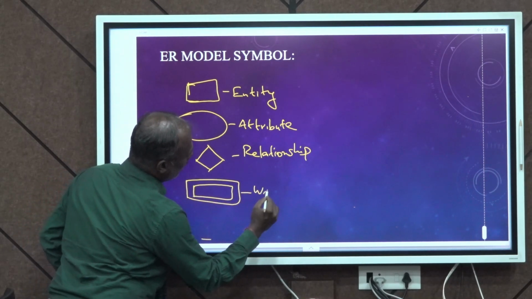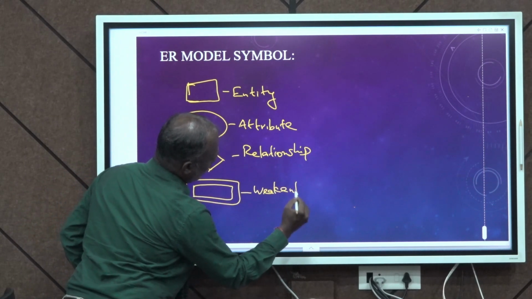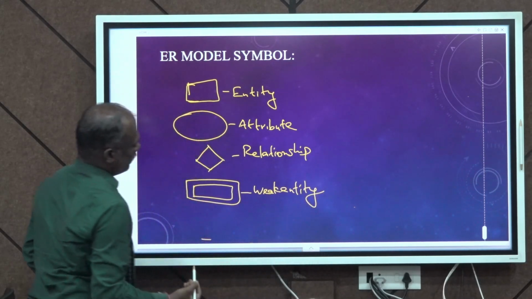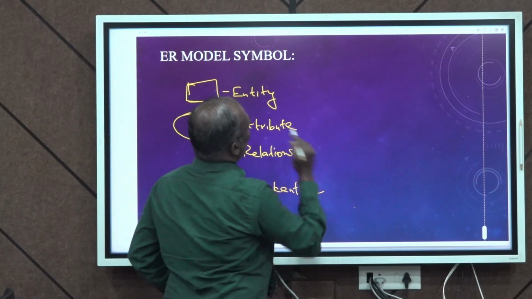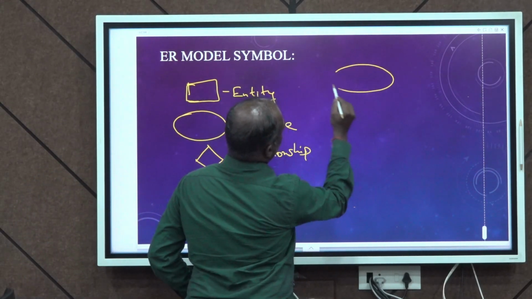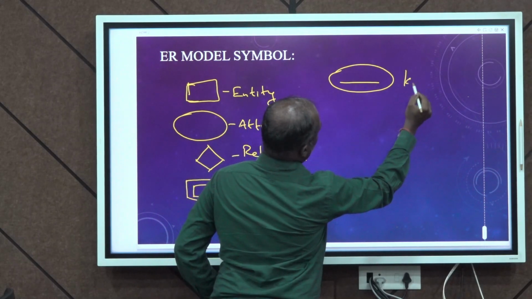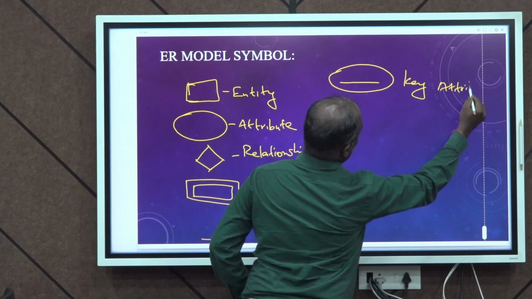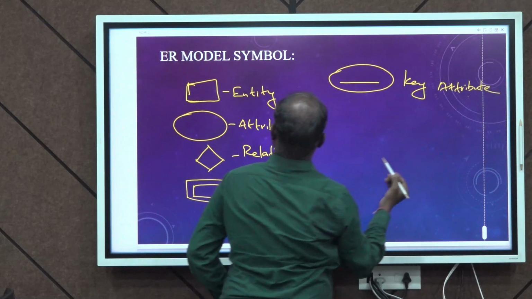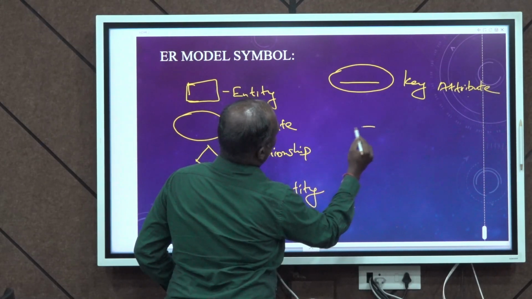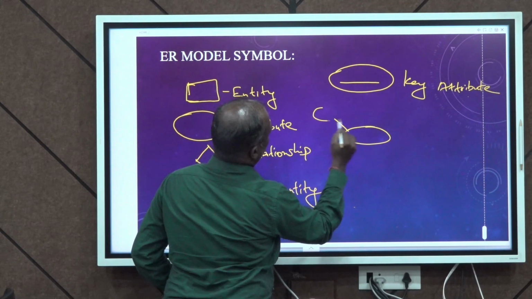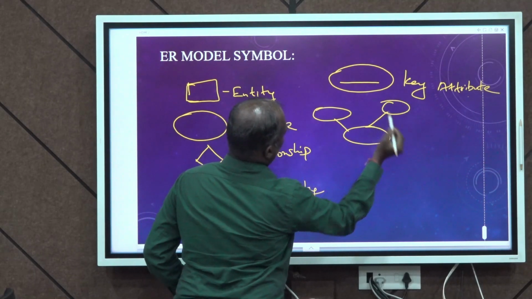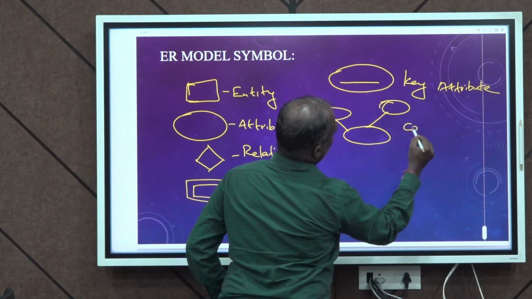This is called weak entity. Then attributes. This is called key attribute. This is called composite attribute.